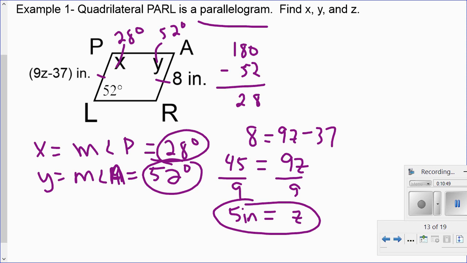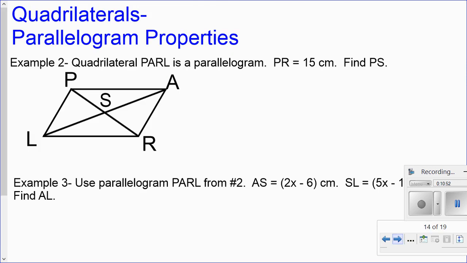Okay, let's look at another example. Second example, we have this parallelogram, and we know PR, that's the entire length of the one diagonal, and we're supposed to find PS. Well, we know that when the quadrilateral is a parallelogram, the diagonals bisect each other. So if I know the whole length of one of the diagonals, I also know that this point S is the midpoint.